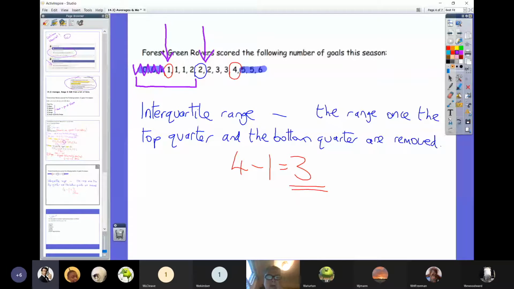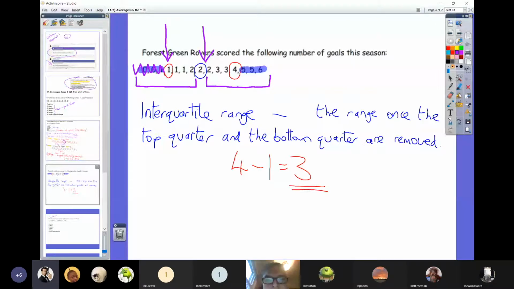Right, I then go over from my median and look at the numbers to the right of the median, which I'm just about to underline. So that's 2, 3, 3, 4, 5, 5, and 6, which I've just underlined. And you pick out the middle number of those numbers, and that is that 4.